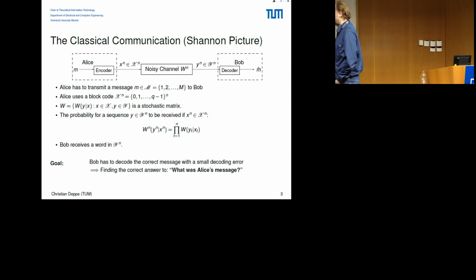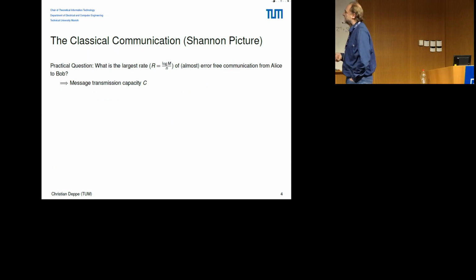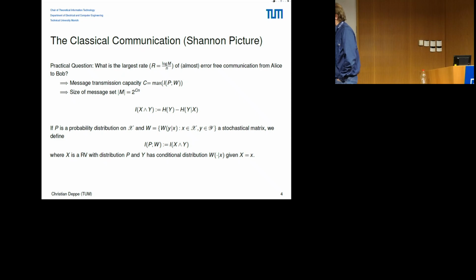In this case, Bob has to decode the correct message with a small decoding error, and his goal is finding the correct answer to the question, what was Alice's message? So his goal is to find out the message. And we calculate what is the question of Shannon: what is the largest rate of almost error-free communication from Alice to Bob? And you all know then we get the message transmission capacity, which you have seen in the morning already.